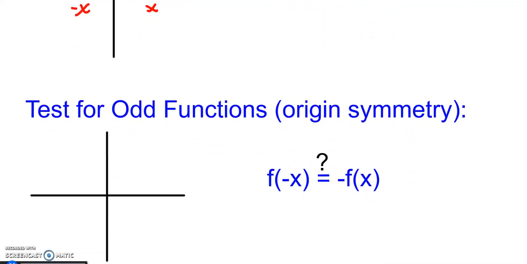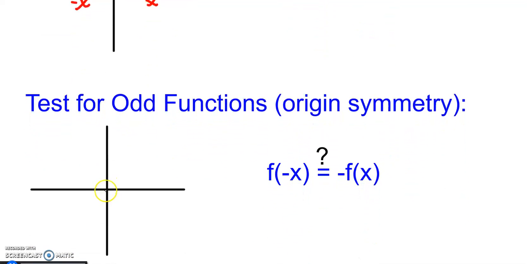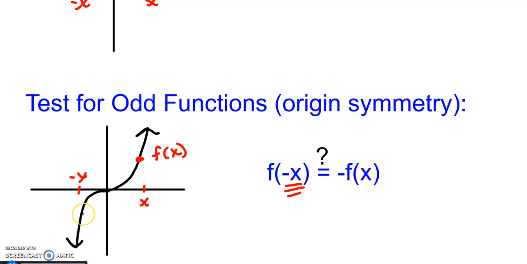To test for an odd function, I'm going to start again with one that we know. So I'm going to start with the cubic function. This one says that if I take some value x and get my point back out here, if I take that same x value but in the other direction, oops, erase that real quick, sorry, a little bit of a writing error.